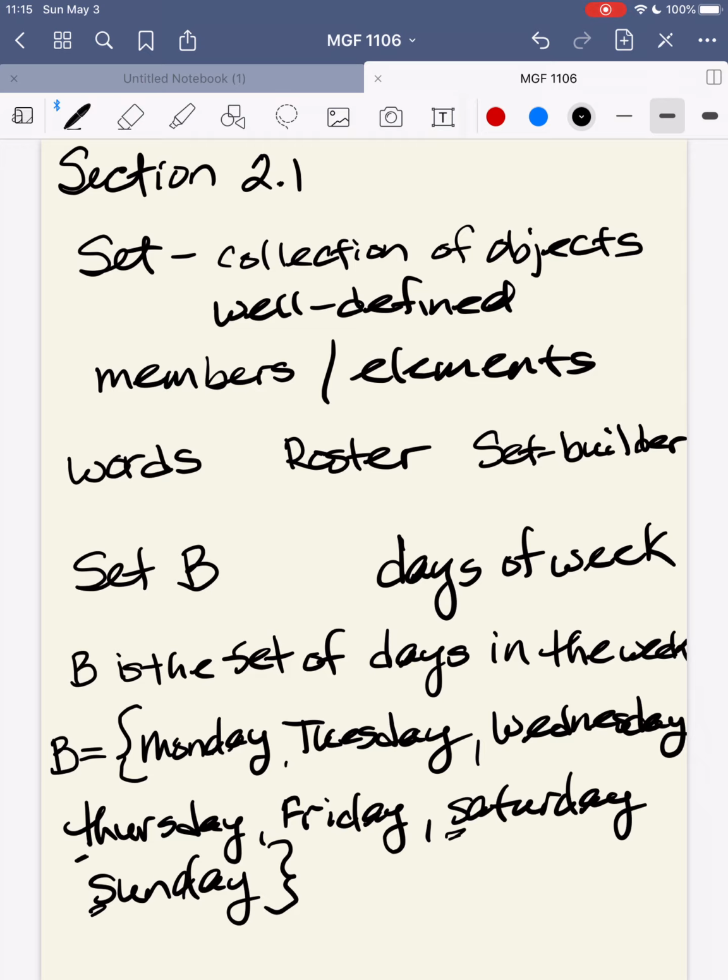If I wanted to use set builder for the same elements, set builder starts with the set. Our set is B, an equal sign, and then again we're using the braces. And we're going to say we have x, so this is the set of all elements x such that x is a day of the week.